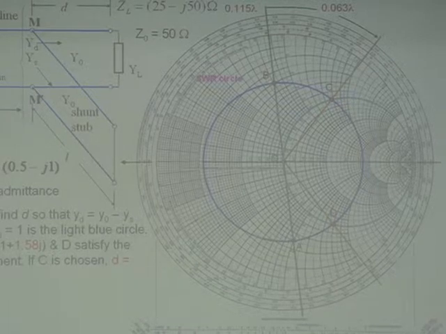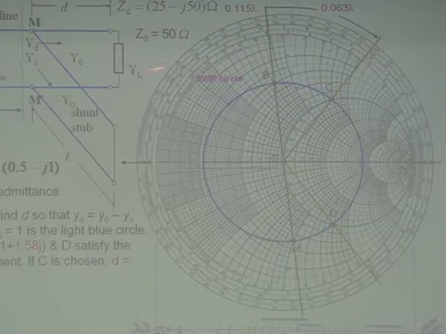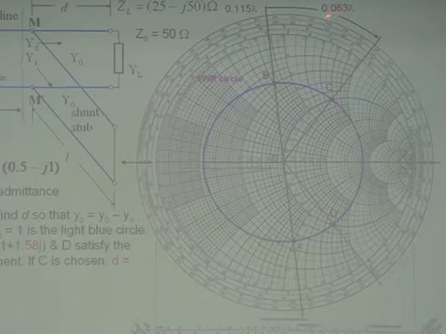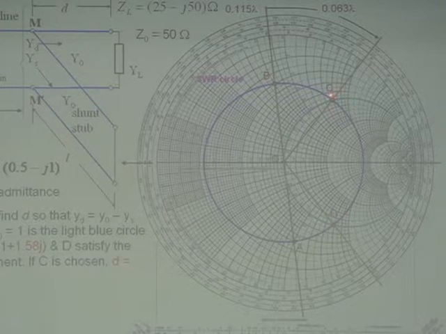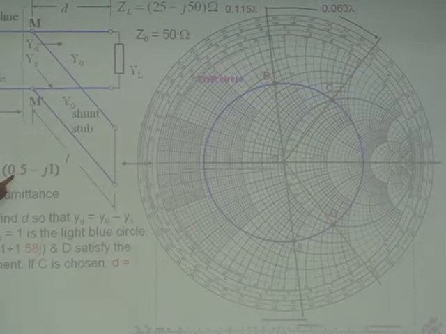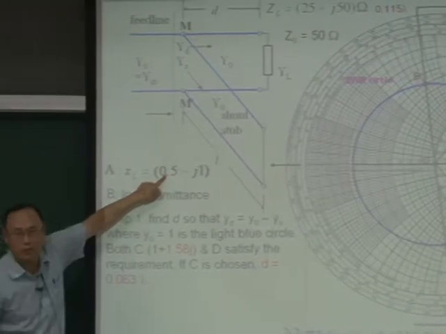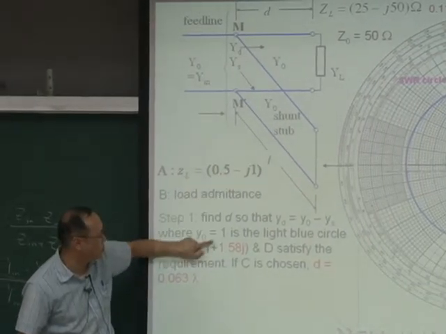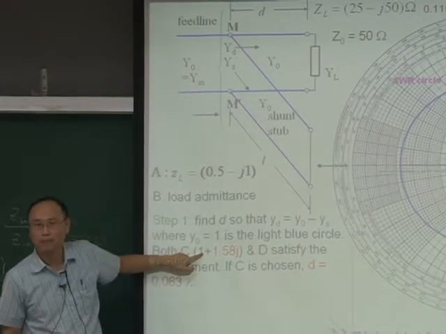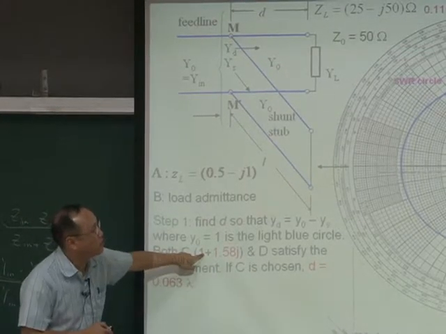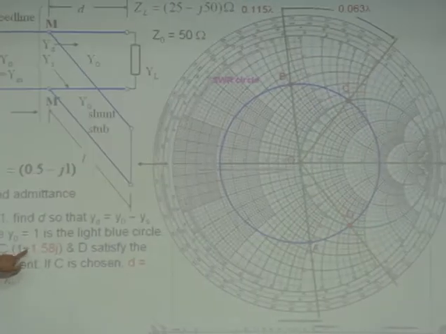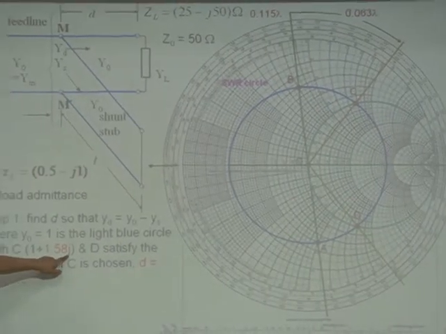Moving this way, you can move 0.063 wavelengths to this point to change the real part of your admittance to 1. Once you move B to this point, you have 1 plus 1.58j.